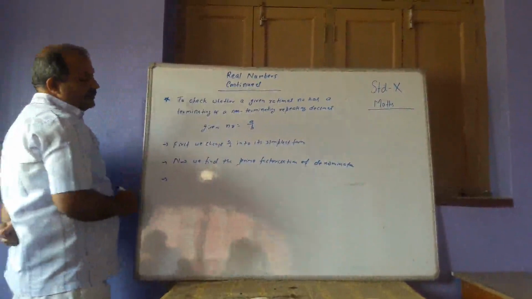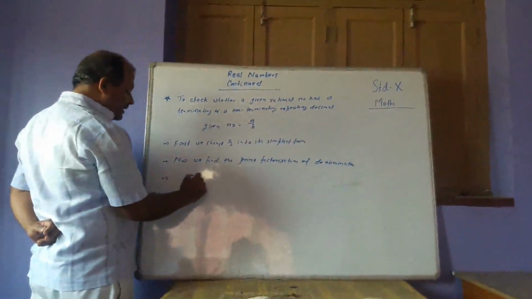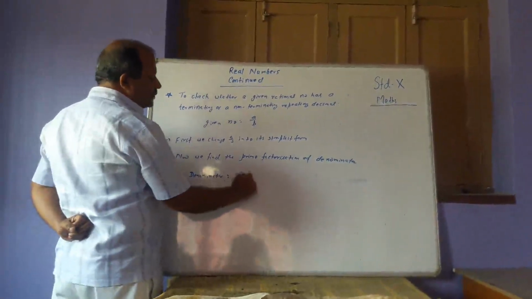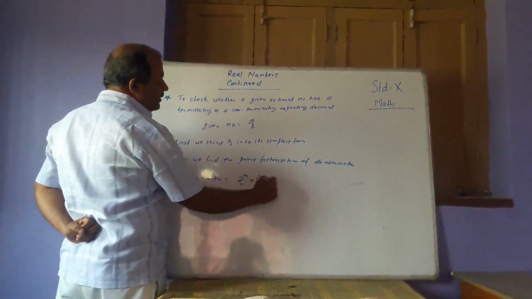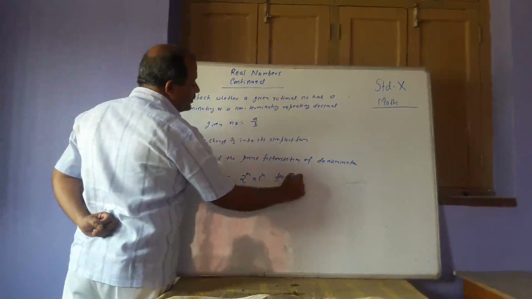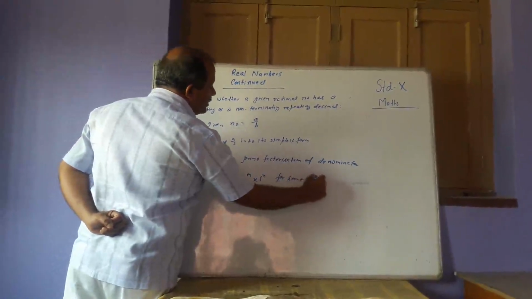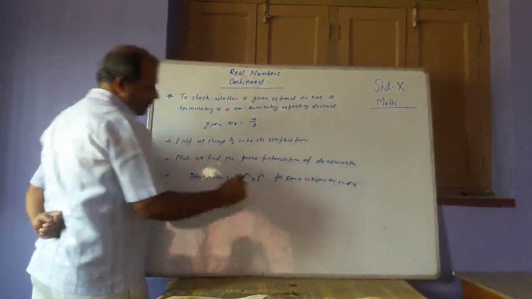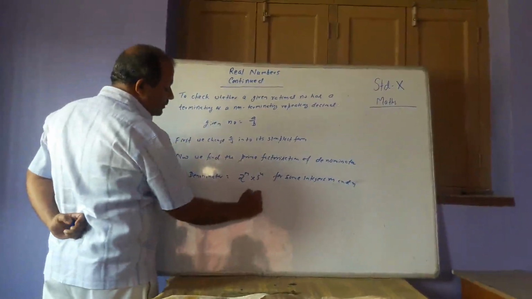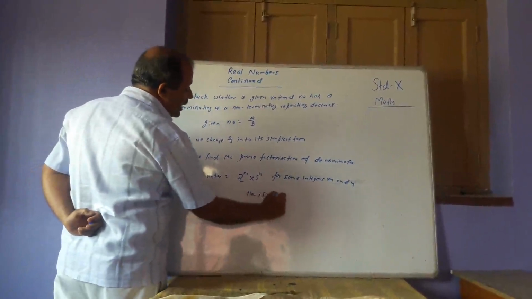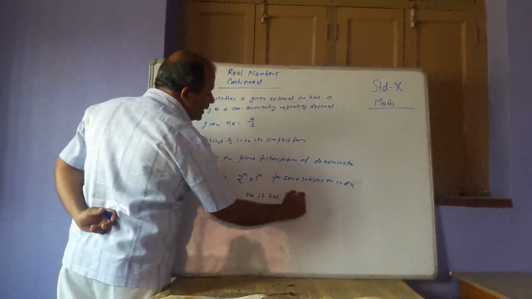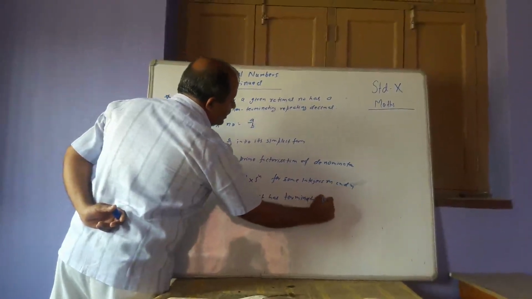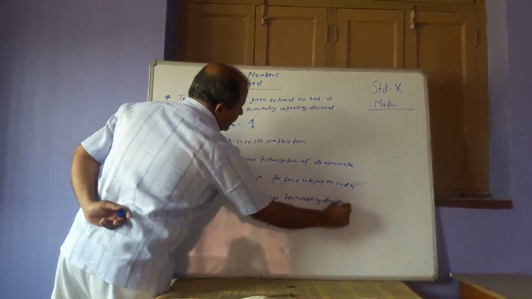Next, if the denominator is of the form 2 to the power m into 5 to the power n for some integers m and n, then it has a terminating decimal.